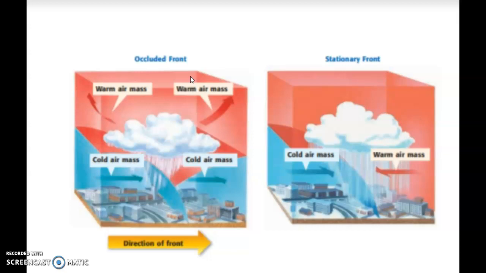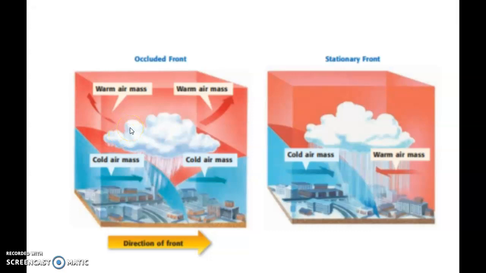Now, an occluded front forms when the warm air mass is caught in between two colder air masses. So as you can see in the image here, there are two different cold air masses, and you can see that they are trapping the warmer air mass in between them. So this is why there is an occluded front. Now the coldest air mass obviously moves under and pushes the warm air upwards, as you can see here.